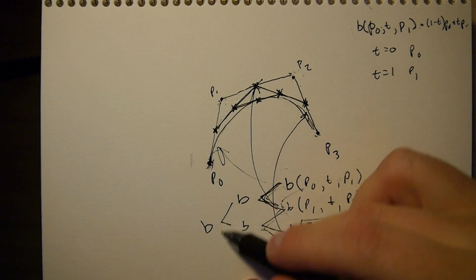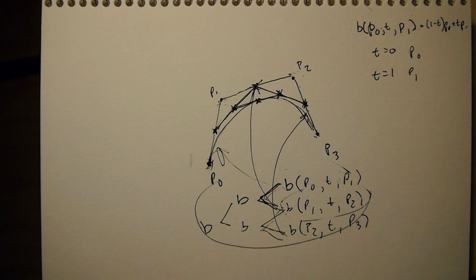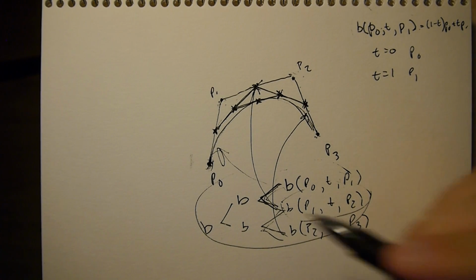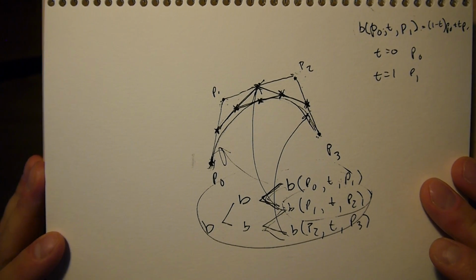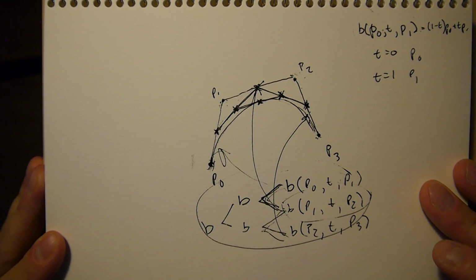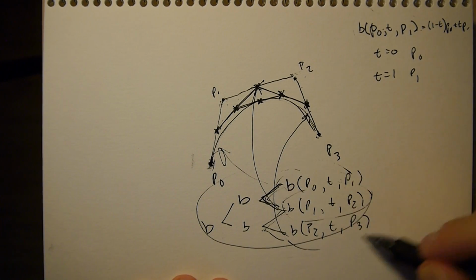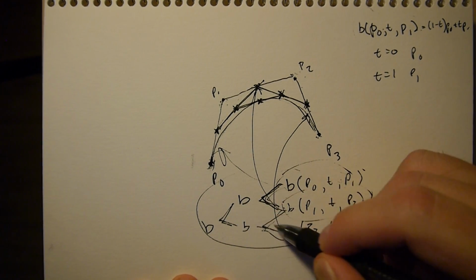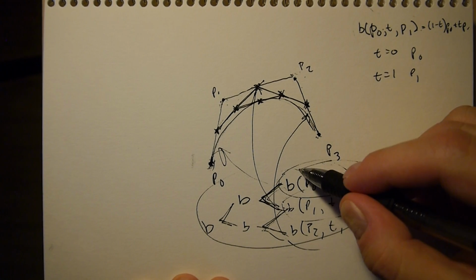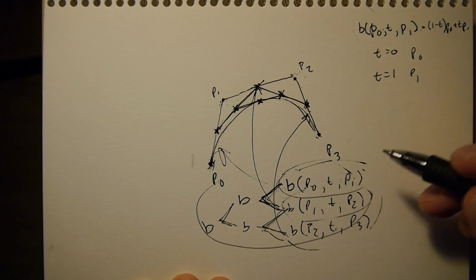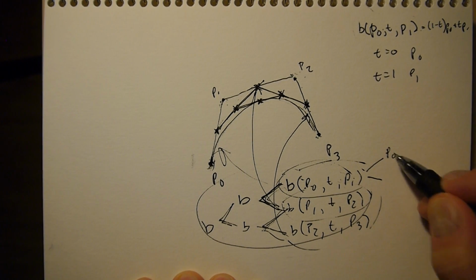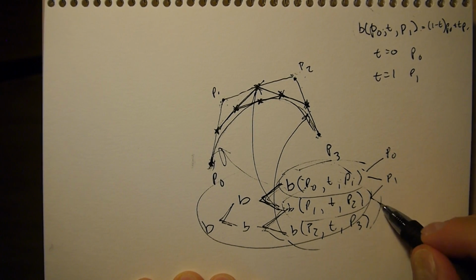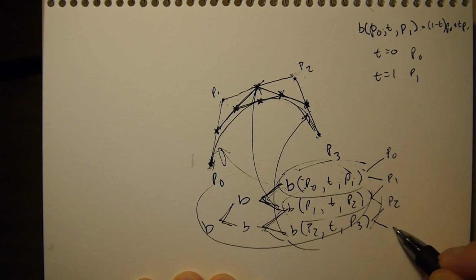So rather than actually apply this out recursively, which would take a really long time to write on this paper, we can do something much, much simpler. Instead, all we really have to do is just look at the triangle. Each one of these little trees that I was making, each one of these is just a b between the points. So I could have instead just written it as a b with p0 here, p1 here, p2, p3.